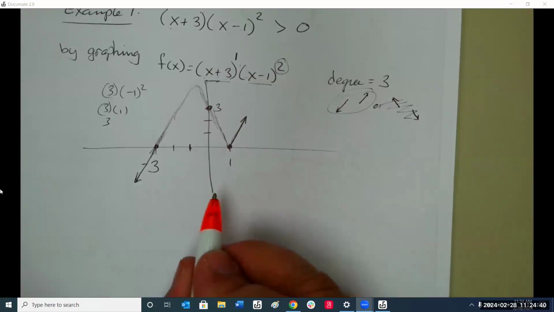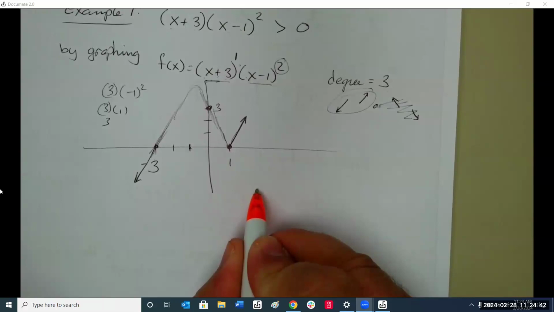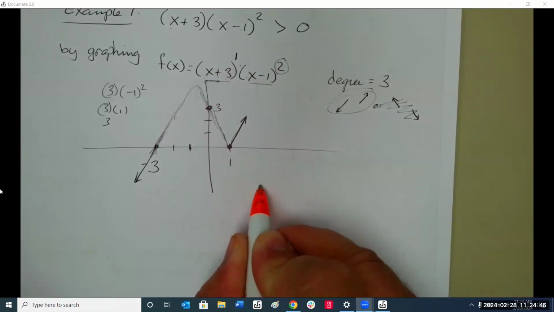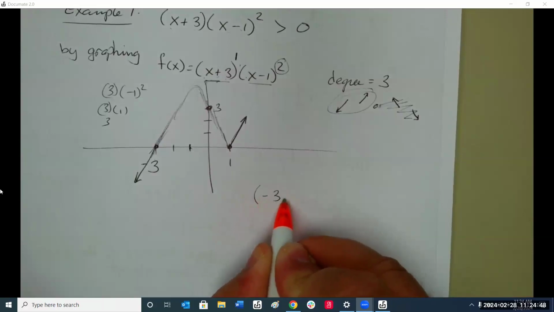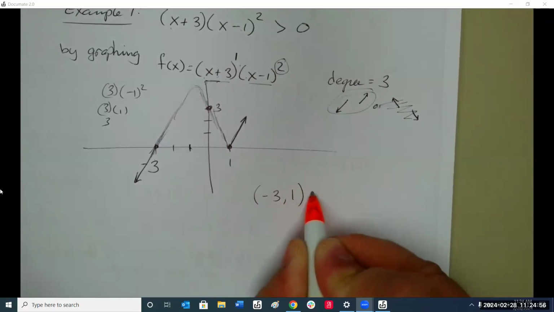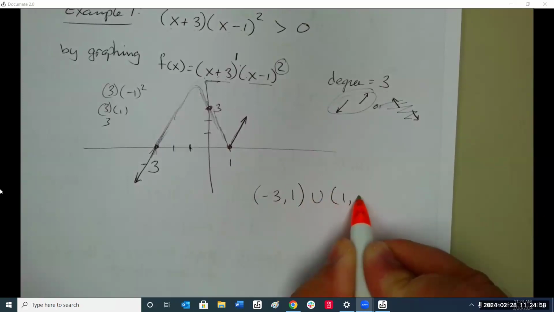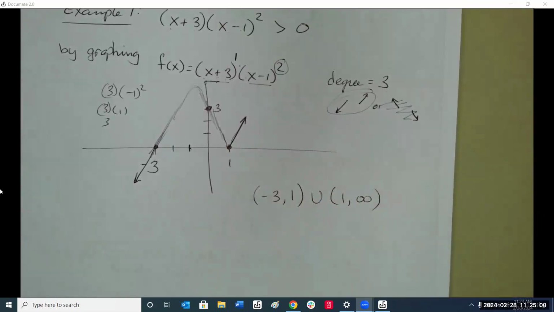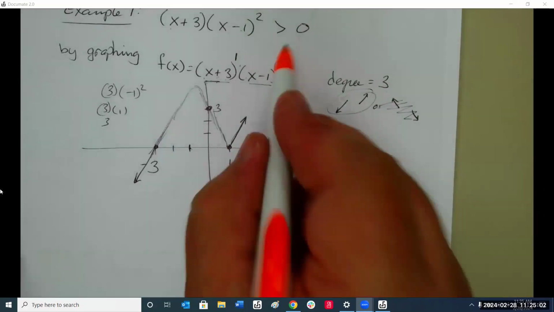It's above the x-axis. Yes. So -3 to... No, -3 to 1, 1 to infinity. Right. And they're parentheses because it's not equal to.